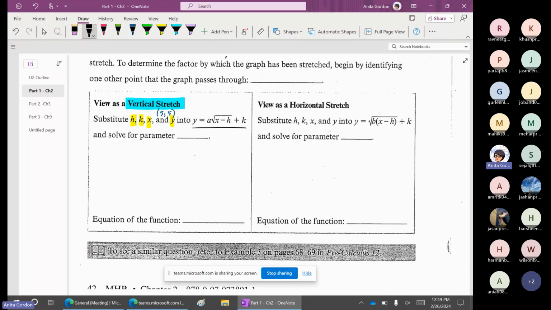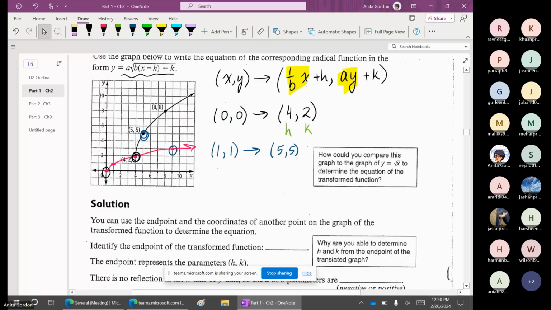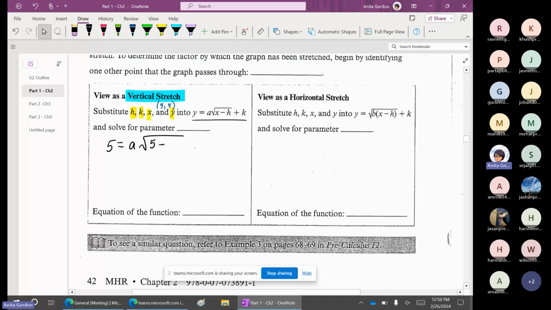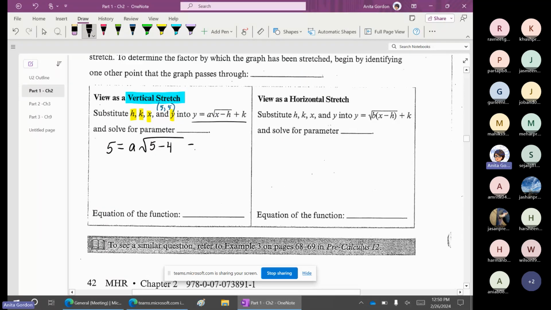My coordinate is (5, 5). So 5 equals a square root of 5 minus, what was my h? 4, whoops, plus 2. Because I know the h and k, and I'm choosing a coordinate on the transformed graph. You could choose any. I'm just going with the (5, 5). Okay, and then we simplify.